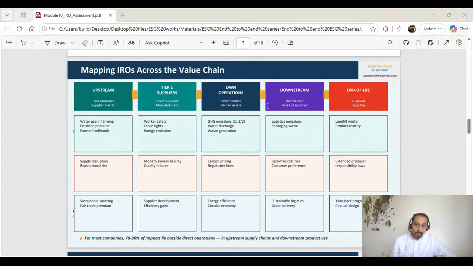Both of these are required by ESRS and IFRS S1. Let me start with a question. When you think about your organization's environmental and social impacts, where do you tend to look first? Most people instinctively look at their own operations, their factories, their offices, their fleet. That's where you have direct control.